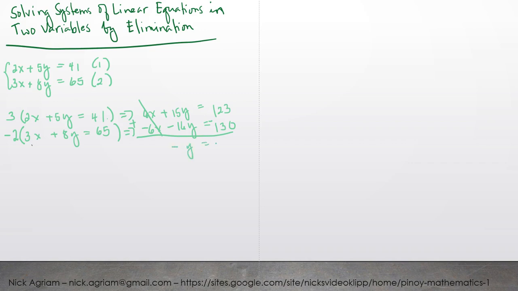That's negative y equals negative 7. By multiplying or dividing both sides of the equation by negative 1, we have y is equal to 7. So our answer here, y is equal to 7.